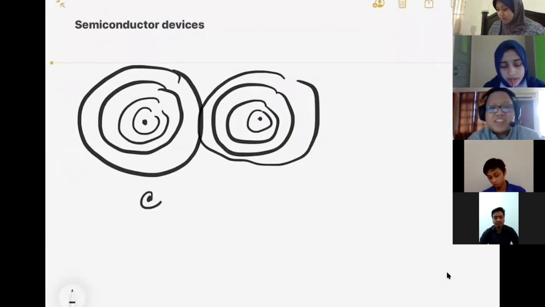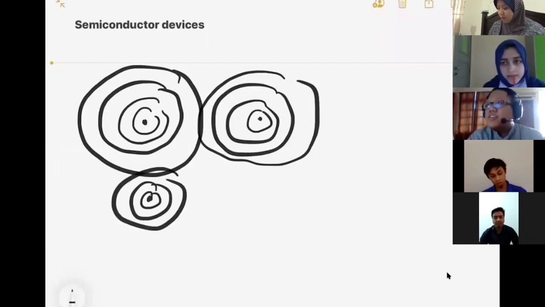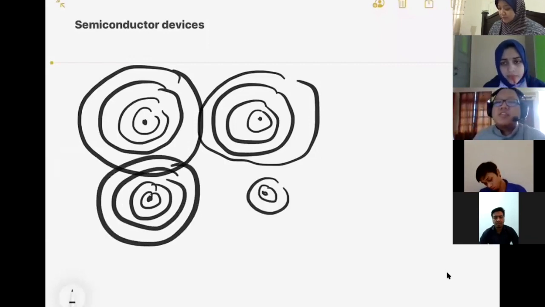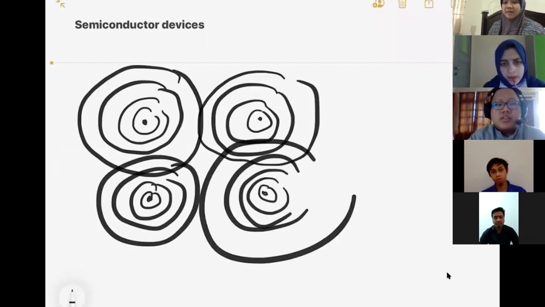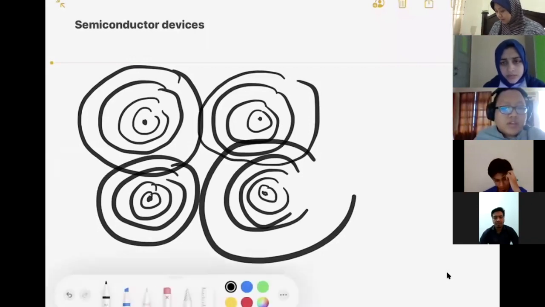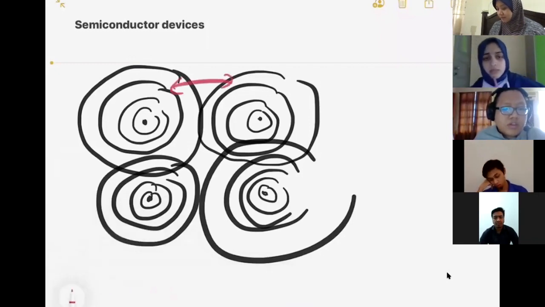So in one material, how many atoms do you have? Like millions or billions, right? You have a lot of atoms. So these atoms will interact with each other. This will interact with that, this will interact with that.